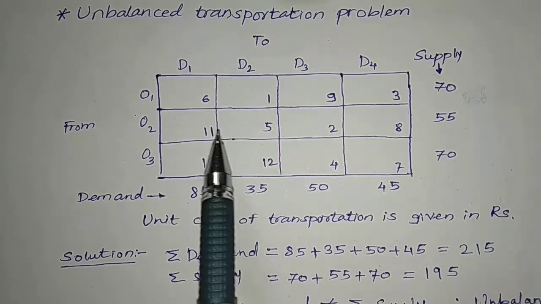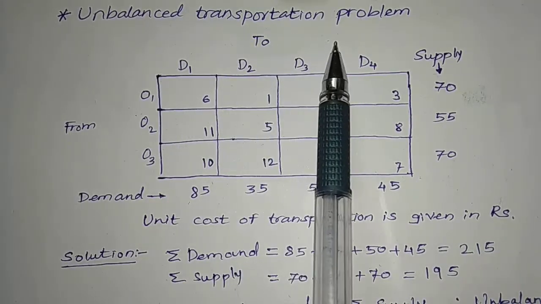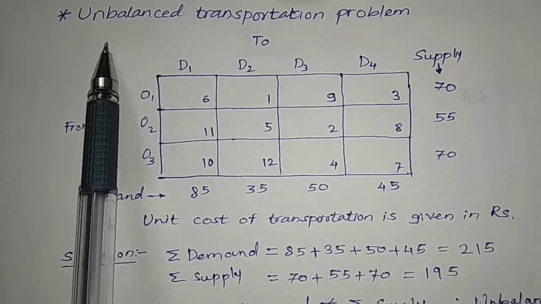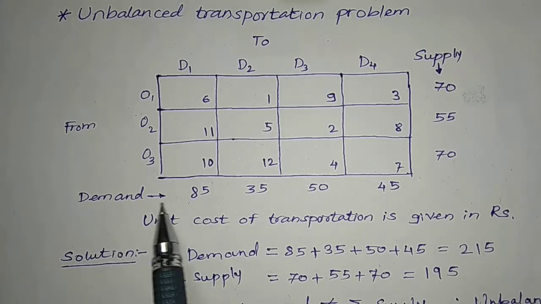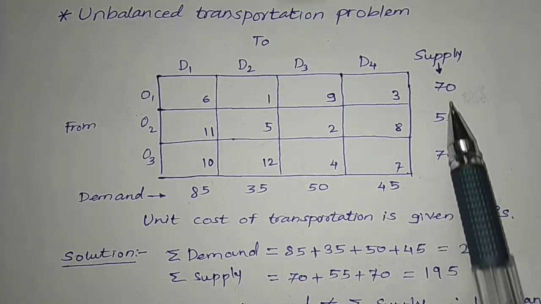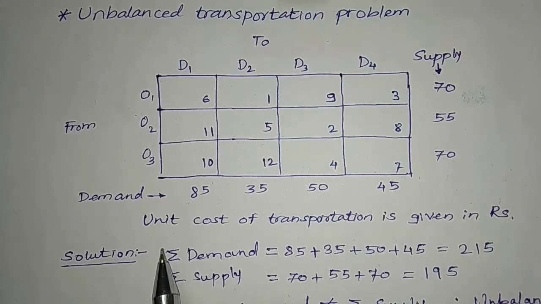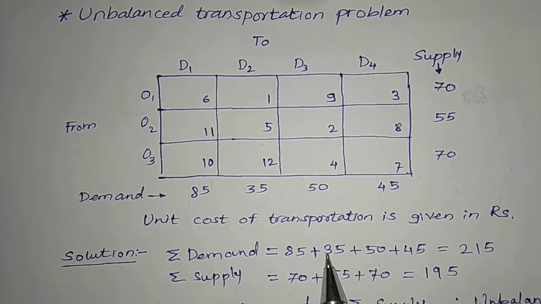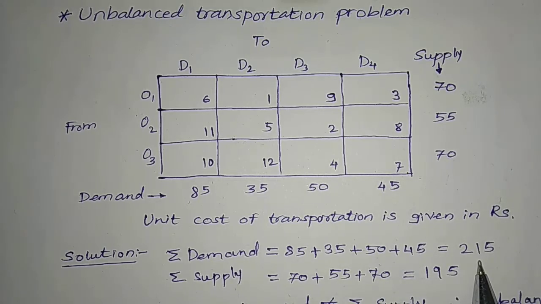But sometimes the problem is called an unbalanced transportation problem. Why? Because a balanced transportation problem has sum of demands equal to sum of supplies. But if you observe in this given problem, if we add the total demand 85 plus 35 plus 50 plus 45, it comes to 215 units.